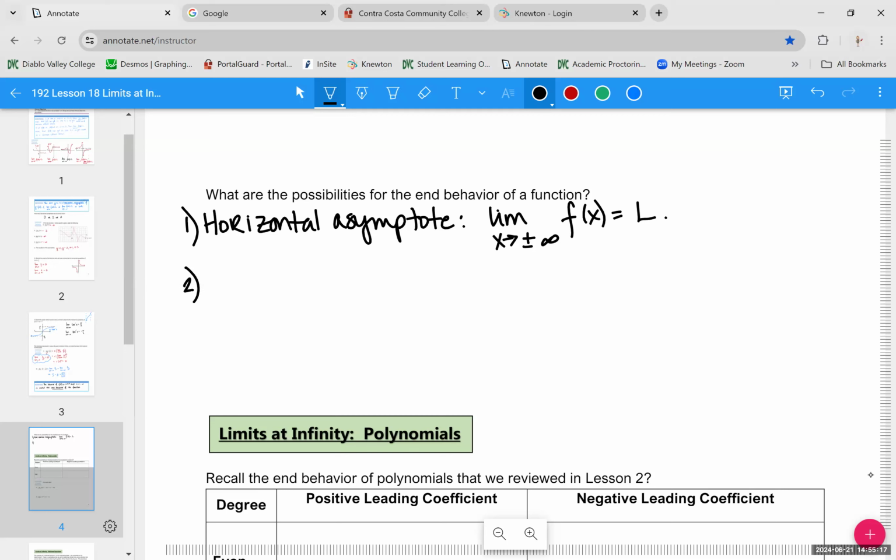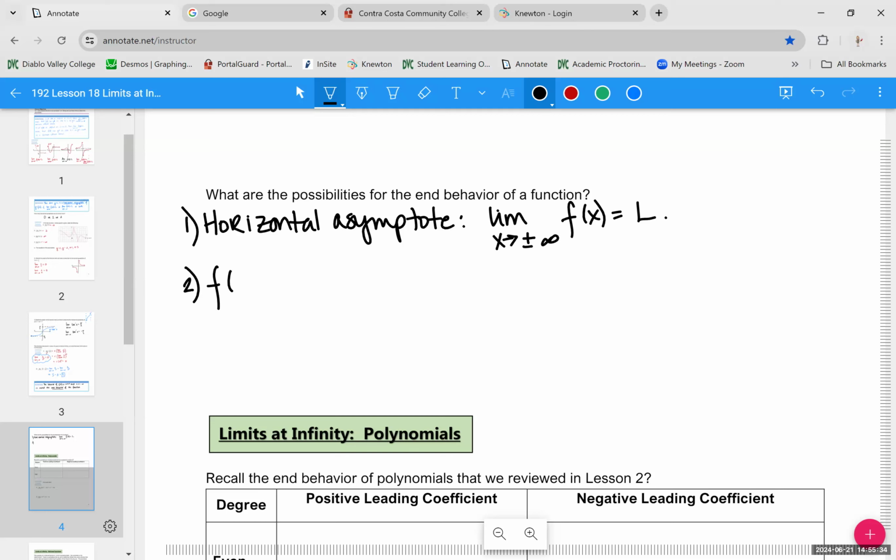But does that always happen? I mean, think about a parabola, just even x squared. What happens as x goes to positive and negative infinity in that graph? The graph just keeps going up and up and up. And then if we flipped it over and made it negative x squared, then it just keeps going down and down.